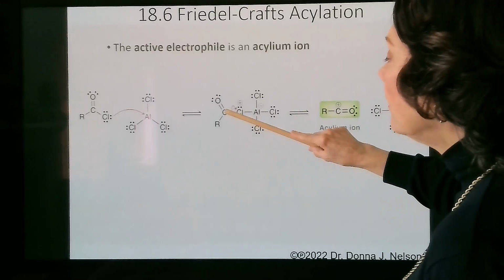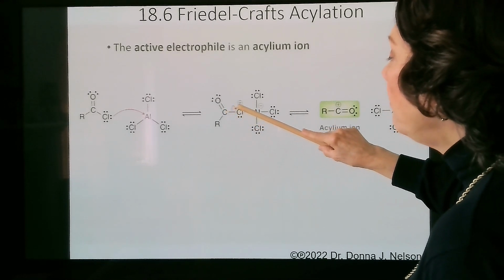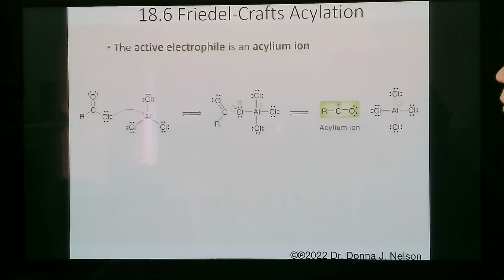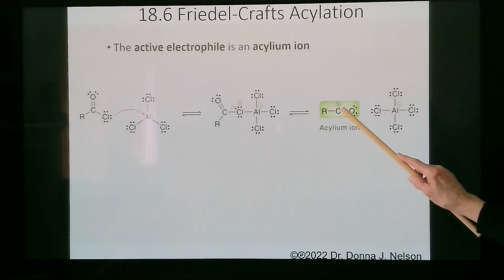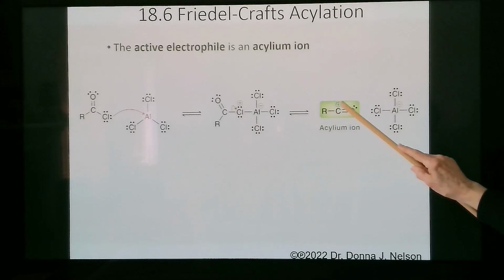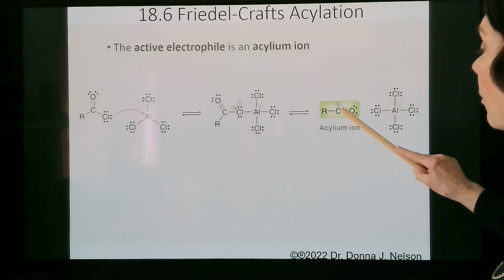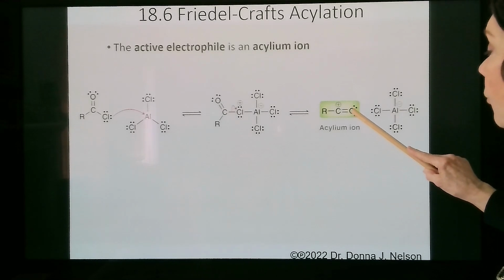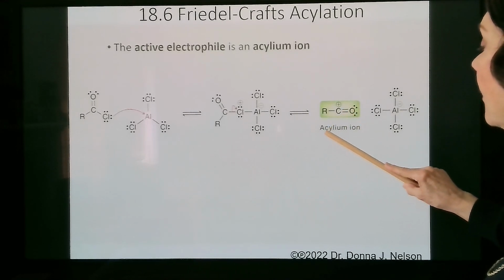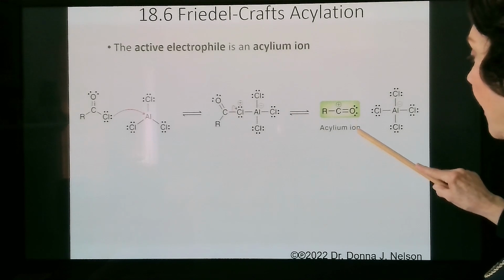Aluminum will bear a negative charge. Chlorine will bear a positive charge. So a pair of electrons in the carbon-chlorine bond will move on to chlorine, just as you saw before in the Friedel-Crafts alkylation, except now instead of creating just a simple carbocation, you have this carbon double bond oxygen. And so this is now called an acylium ion.